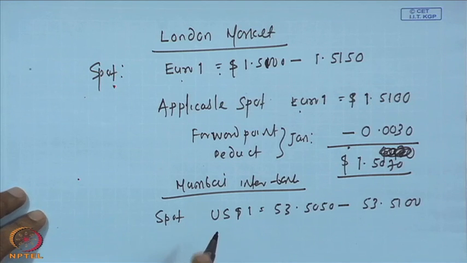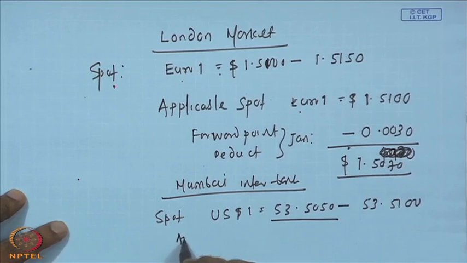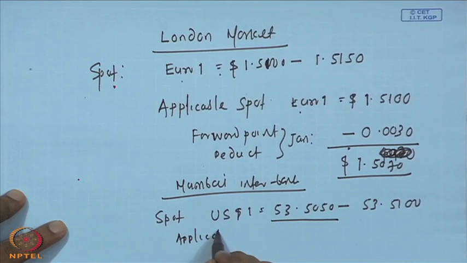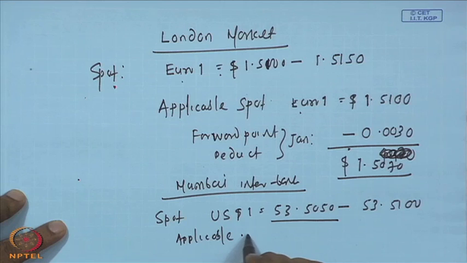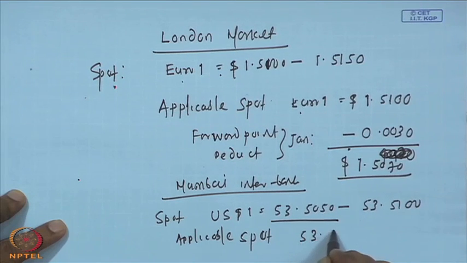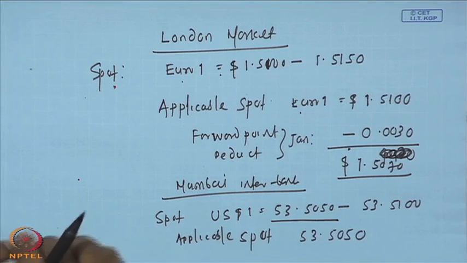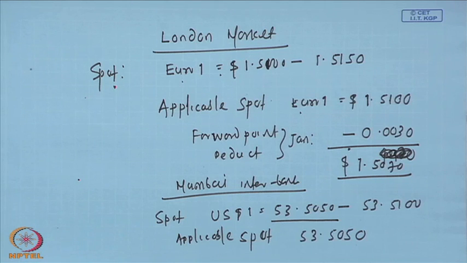When I sell dollar, I will get less amount of rupee. The applicable spot will be this one, 53.5050, but this is the spot rate, but I need the rate for the January month.